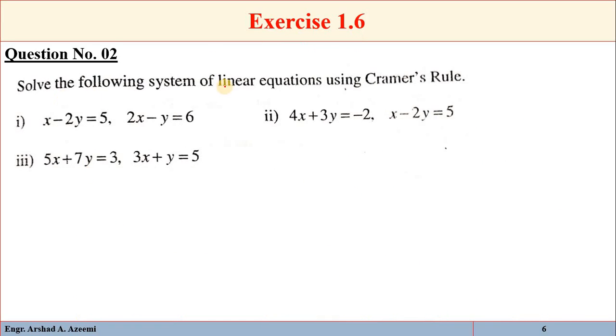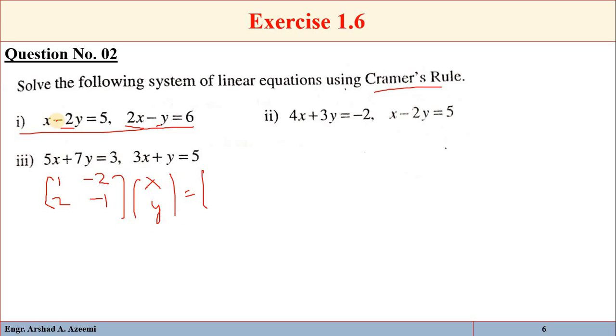Question number 2, solve the following system of linear equations using Cramer's rule. Okay, so again for this question, first write it in matrix form. So here we have 1, here we have minus 2, here we have 2, and here we have minus 1, multiplied by x y is equal to 5 and 6.